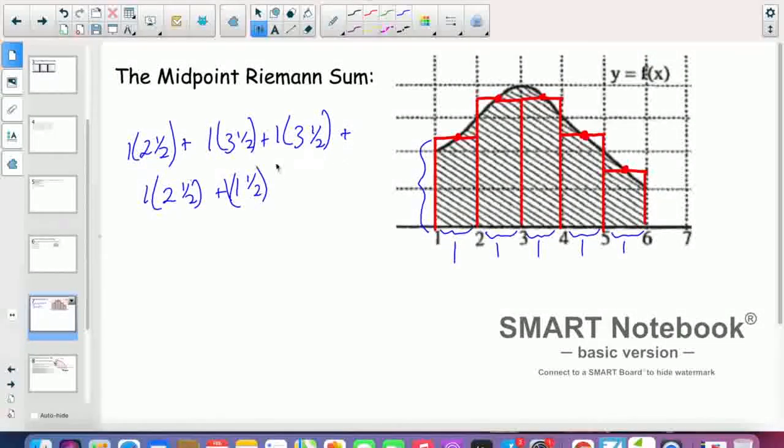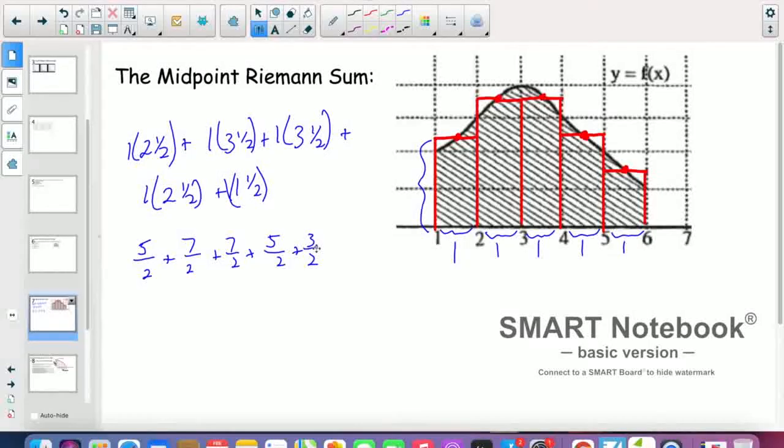And so if I multiply all those together, I'm just going to convert them to improper fractions. So I've got 1 times 2.5 is 5/2, plus 3.5 times 1 is 7/2. So I've got that twice. 2.5 times 1 is 5/2, and 1.5 times 1 is 3/2.